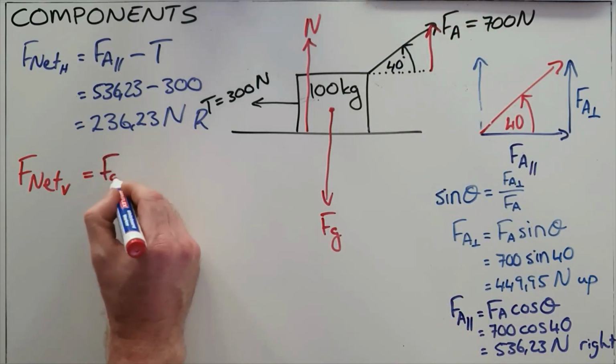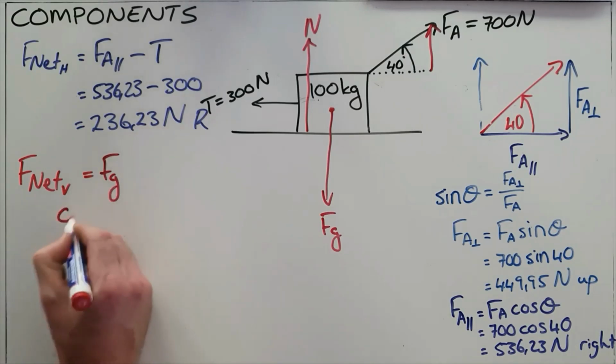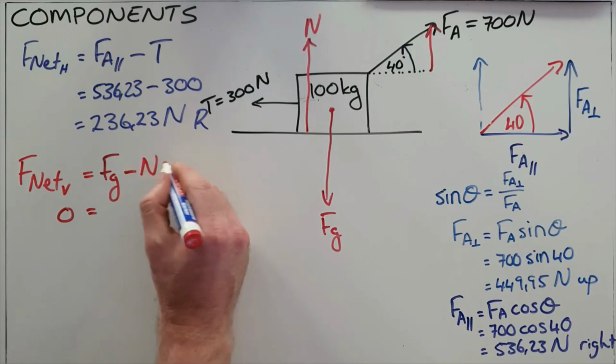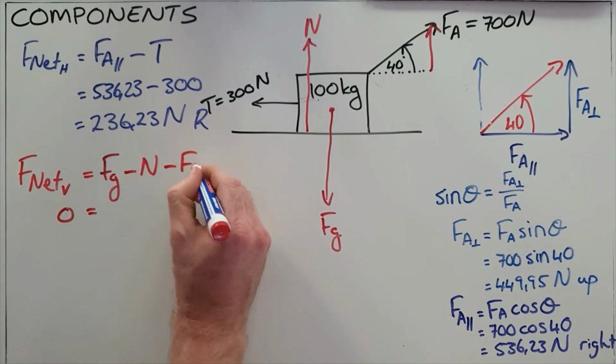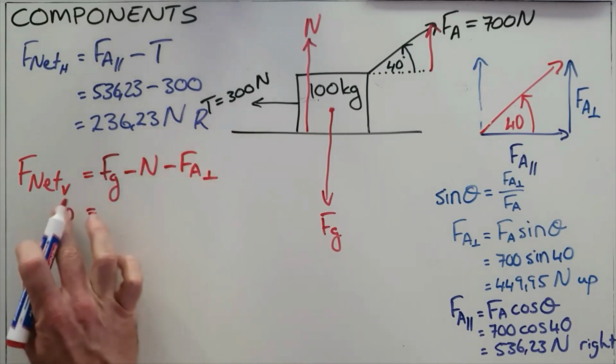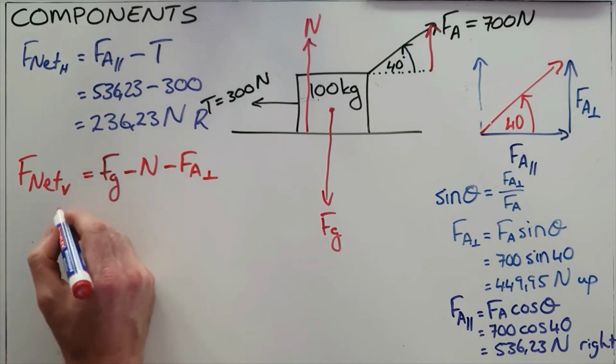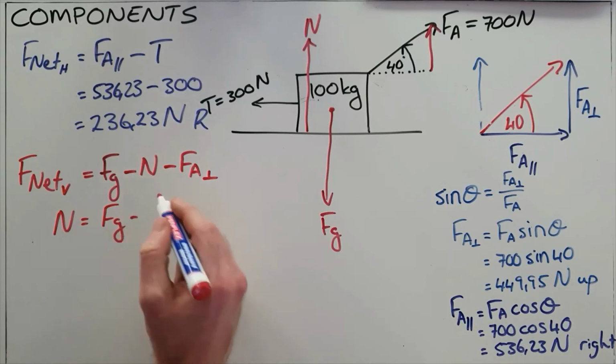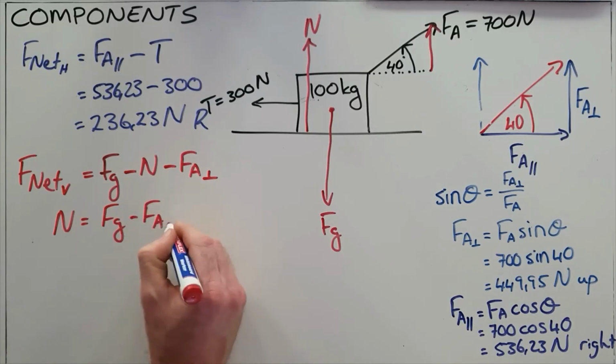So our net vertical force is Fg minus the normal force minus FA perpendicular, and we can rewrite that to find that our normal force is equal to our force of gravity minus FA perpendicular.